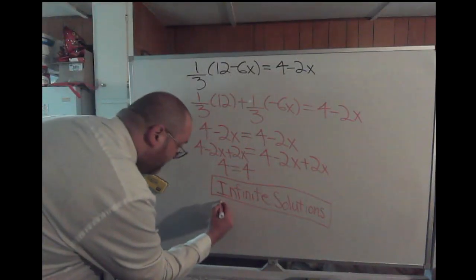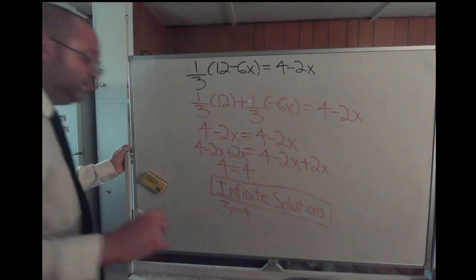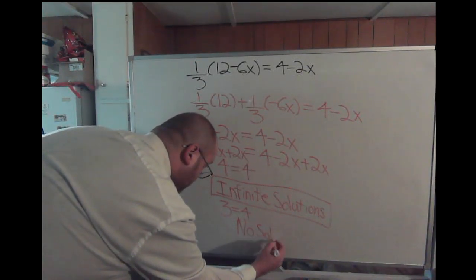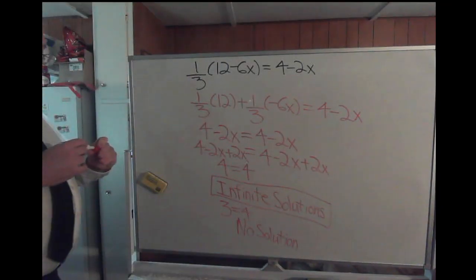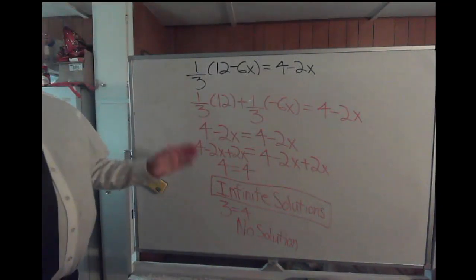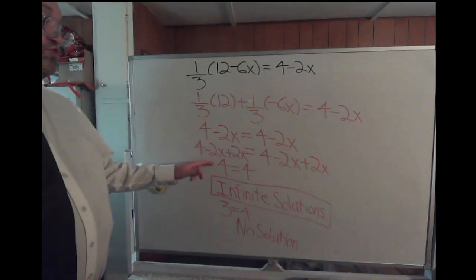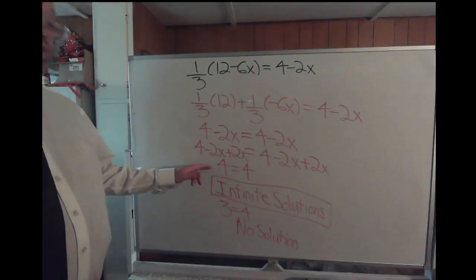Now let's say we got a false statement, 3 equals 4. We know that's not true, right? You would have no solution then. Normally you'll get a value for a variable, that'll be it. But sometimes you'll get a true statement, such as what we got for this particular equation, 4 equals 4.